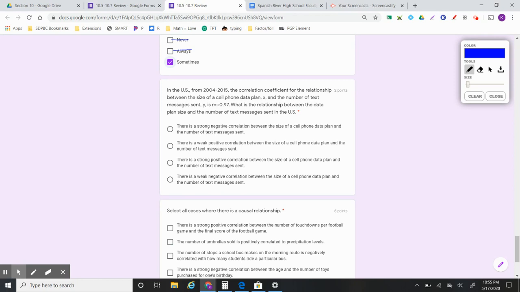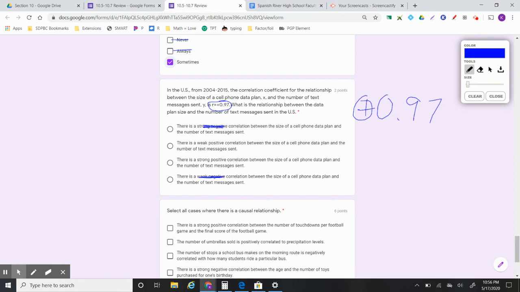Okay, so this problem gives you a lot of information, all mumbo jumbo. All you really need to look at is this right here, the positive 0.97. Right away, it's positive. So get rid of the negative there, get rid of the negative there.